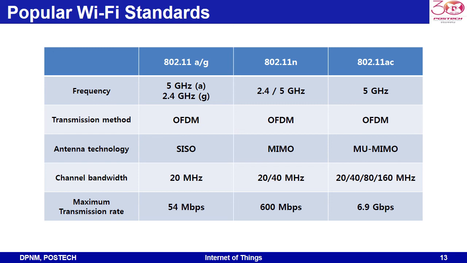The difference is in the ISM band, which has two bands I mentioned earlier. The first one used 2.4 gigahertz without using 5 gigahertz. Because people wanted to use 5 gigahertz as well, products that use the 5 gigahertz band became available.